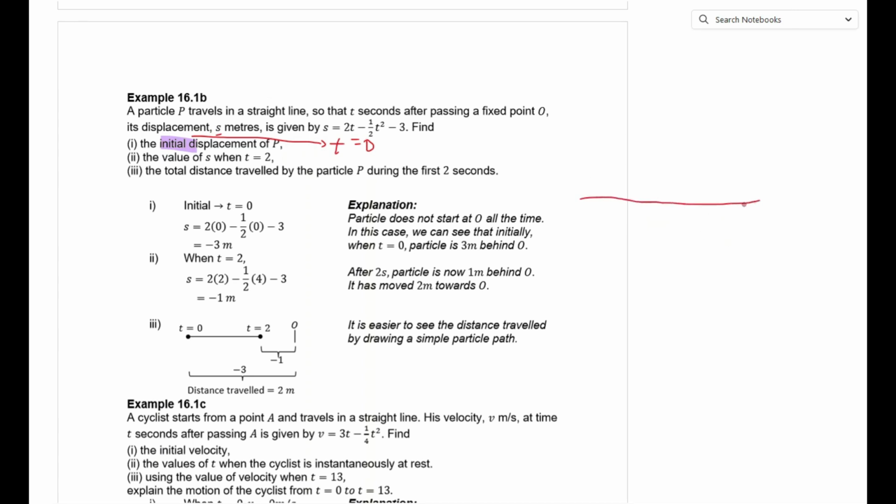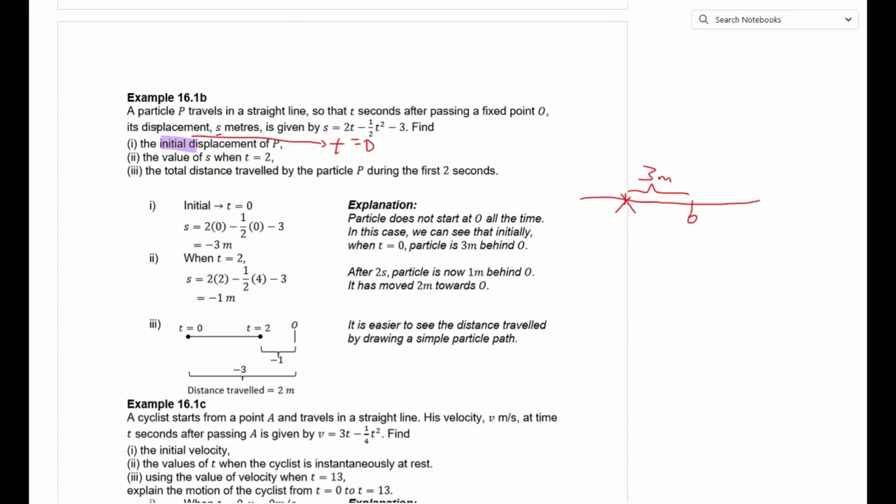So let's say here is point O. Your particle starts off here, whereby this is 3 meters. Part 2, the value of s when t equals 2. Simple enough, you sub t equals 2 into your given s equation again to get -1 meters.